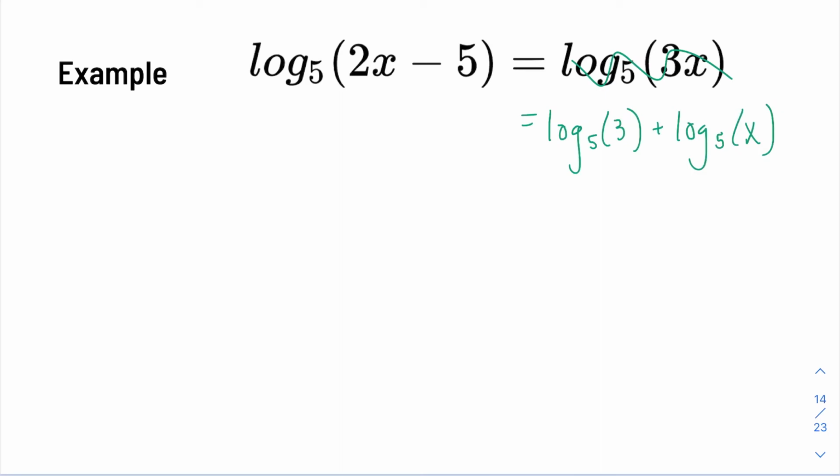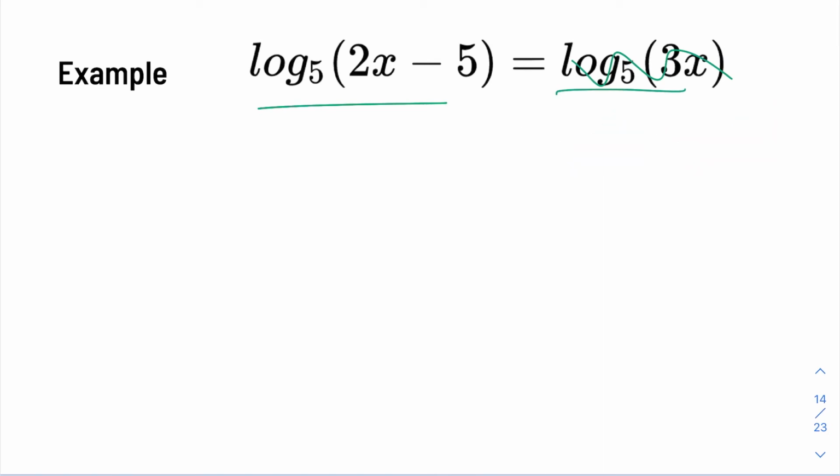We can't get rid of the log. We can't set what's in the log equal until we have a single log on each side. So in some cases, you will have to condense before you can set them equal. But in this case, there's already a single log on each side, which means that the arguments must be equal.